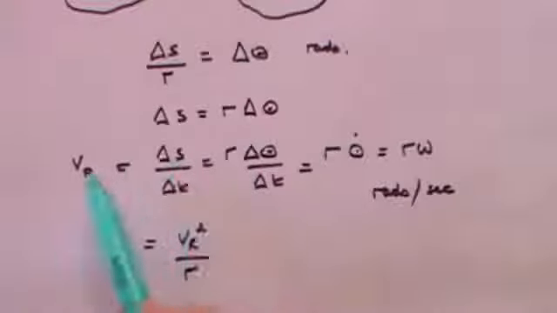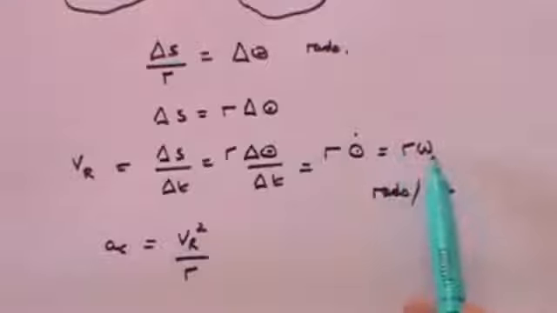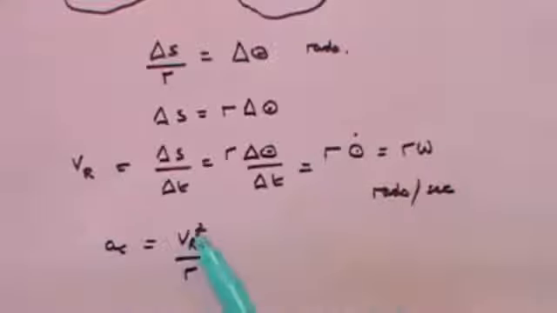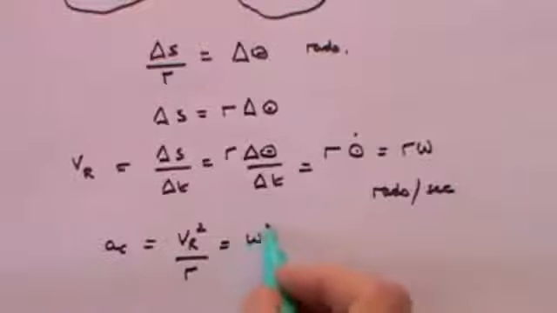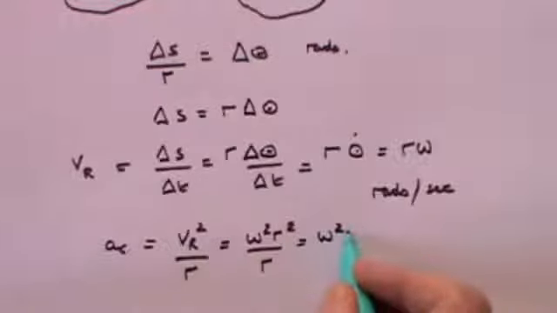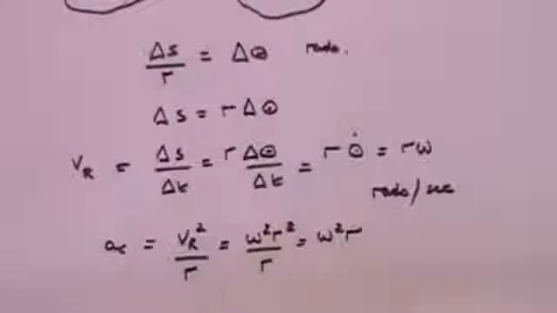But since we've just shown that the velocity is equal to r omega, we can substitute that v for r omega. We now get omega squared r squared over r, which of course is omega squared r. So the centripetal acceleration, which I repeat is the acceleration directed towards the centre, not the acceleration around the circumference, can either be expressed as the rotational velocity squared divided by the radius, or the angular velocity squared multiplied by the radius.